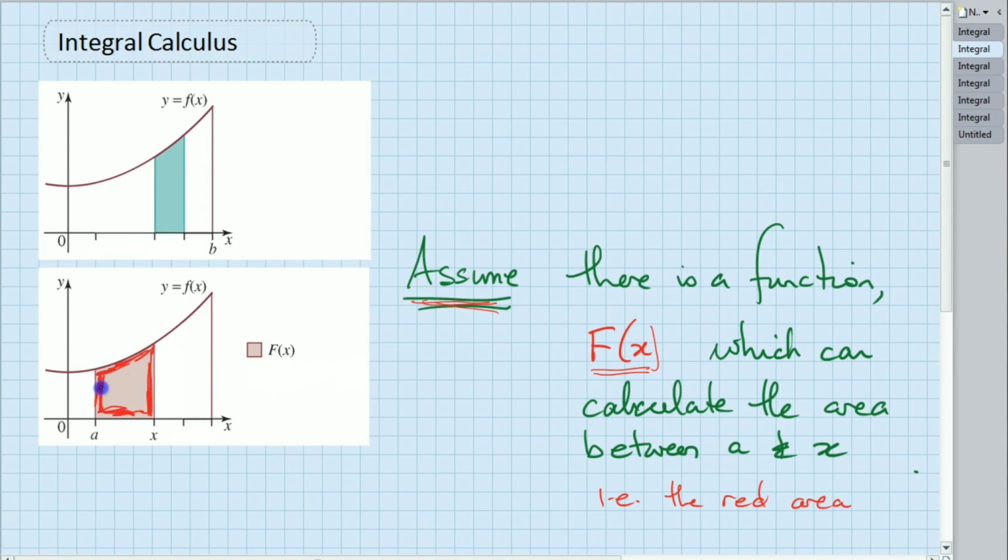There's a function that actually calculates this red area here that I've just shaded in. So if I was to plug the number 2 into this function, I'm going to get the area under the curve between this arbitrary point a, which we don't know what that is at the moment either, and the point 2. And we're going to see how this is going to help us in just a minute.